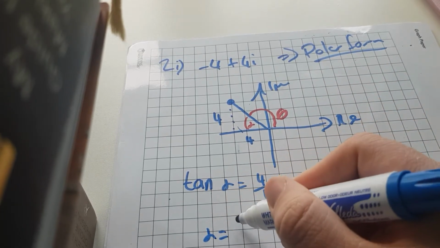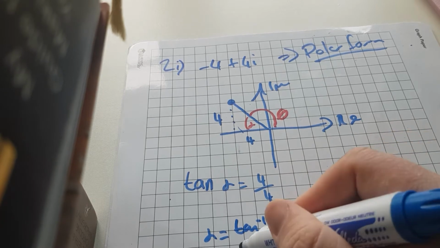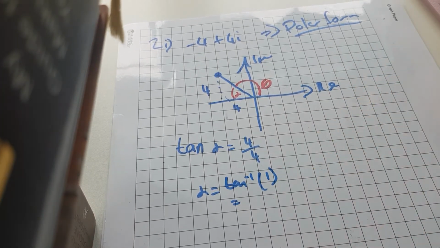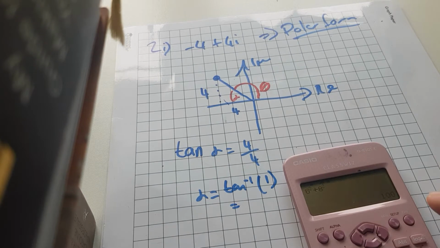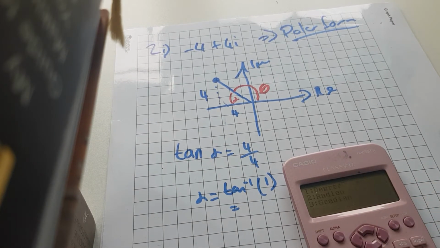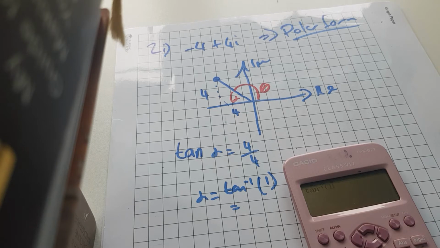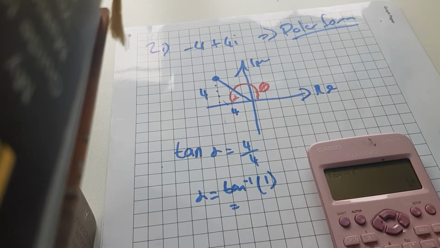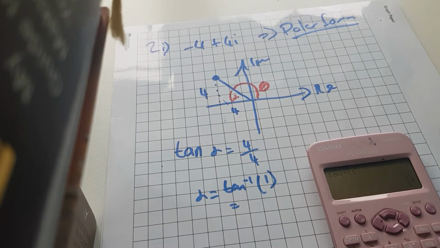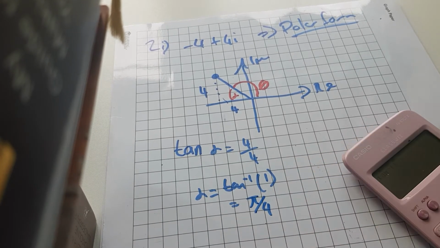So alpha is tan inverse of 4 over 4, which is 1. Now, you want your calculator in radian mode. Sorry, I've been dealing with second years, so I had it back in degrees. So tan inverse of 1 is, now I know it's 45 degrees anyway because it's 4, 4. So it's pi over 4, which is 45 degrees.